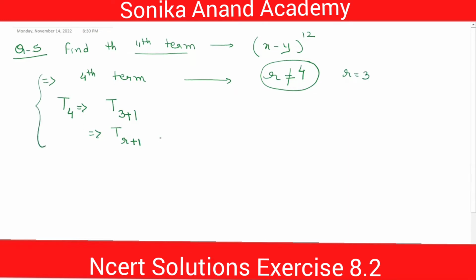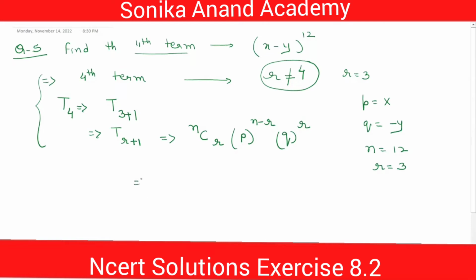Now we use the formula. Be careful for this. From here, the value of p is x, the value of q is minus 2y, the value of n is 12, and the value of r is 3.